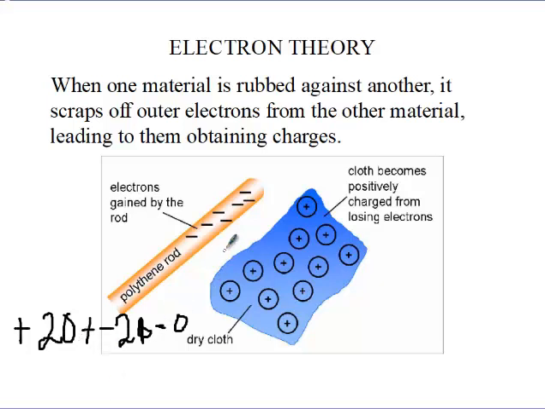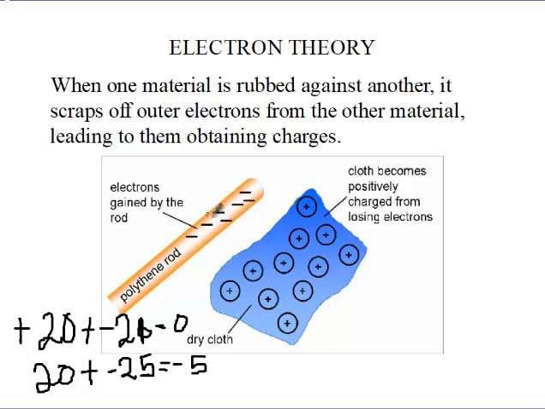Now, the moment the rod obtains more electrons, let's say this dry cloth gave away 5 electrons to the polythene rod, we are going to get 20 protons. Now the electrons have increased from 20 to 25. That is going to give us a negative 5 difference.